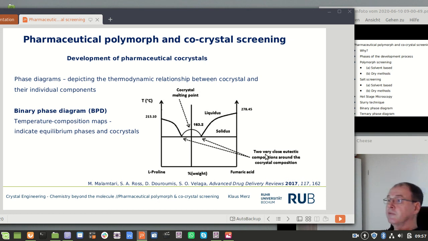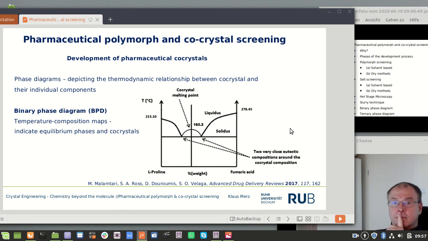In this case, you have two very closely spaced eutectic compositions around the co-crystal composition, and this region is the region of your co-crystal formation. This is the binary phase diagram.